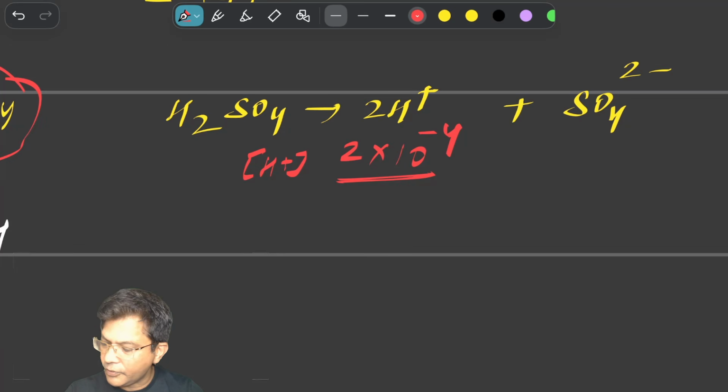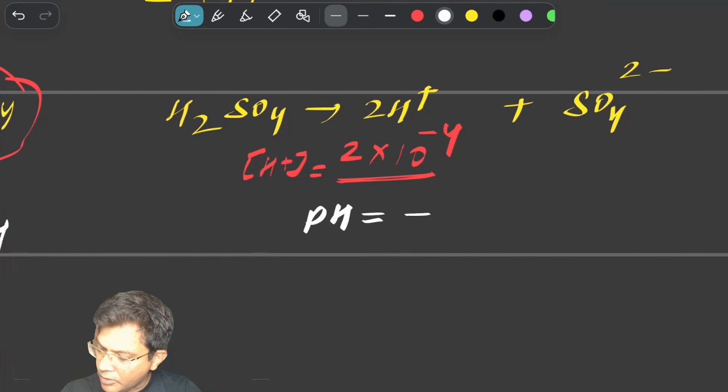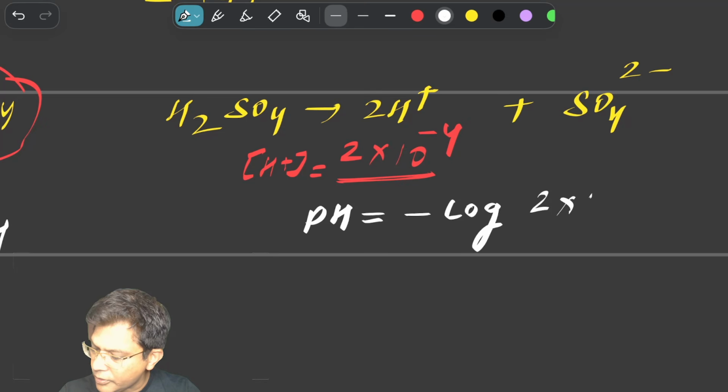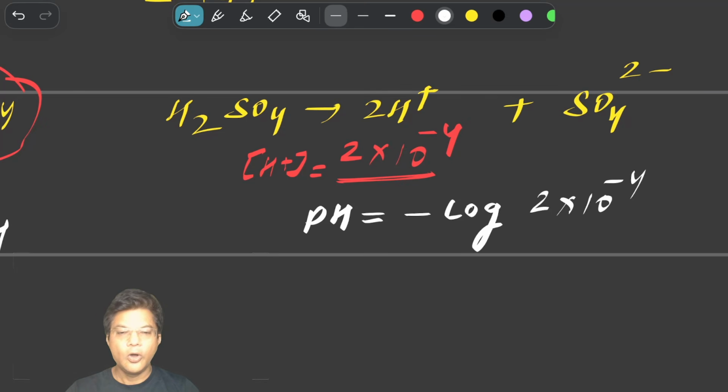Now put in the formula, my dear students. Then what you will get? You will get pH is equal to minus log of H plus concentration, that is 2 into 10 raised to power minus 4. Log of m into n is log m plus log n, and log x raised to power y is y log x.